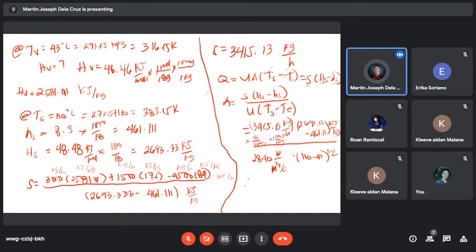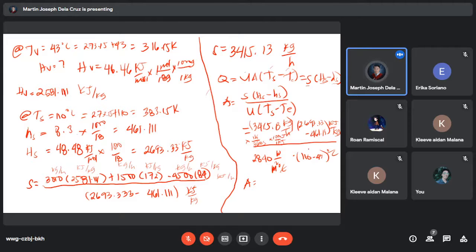So, what is our area, class? So 3415.13 times 2693.33 minus 461.11, or if you want three or four decimals, that's okay. Divide by 3,600 times 1,000 over 2840 times 110 minus 43.